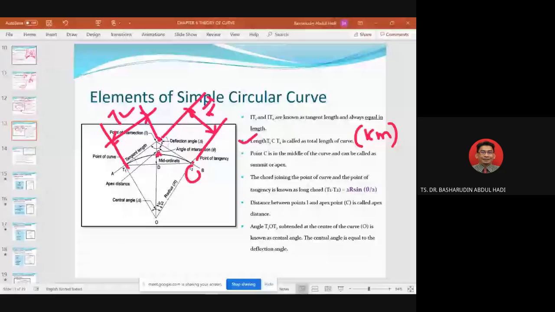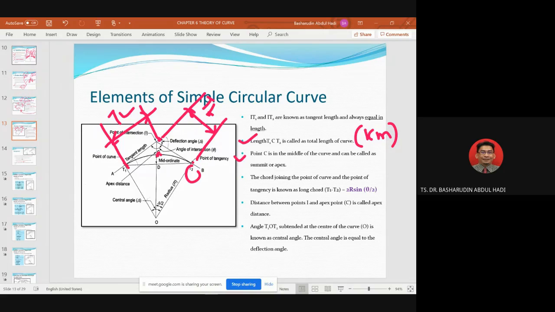But during the construction, we use the chainage system. All the measurements are in meters, like 40,000 meters during the construction stage. If finished, we call it in kilometers. Look at the highway, for example, 34 kilometers from Taiping.